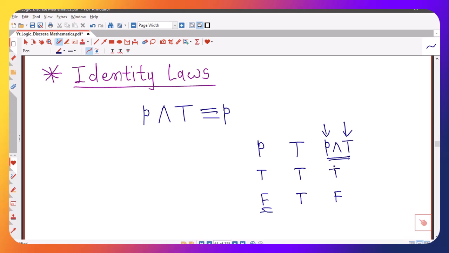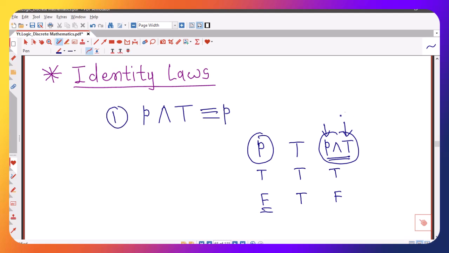And we can see the columns corresponding to P and T and small p agree. Therefore we have this identity law that P and capital T is equivalent to small p.